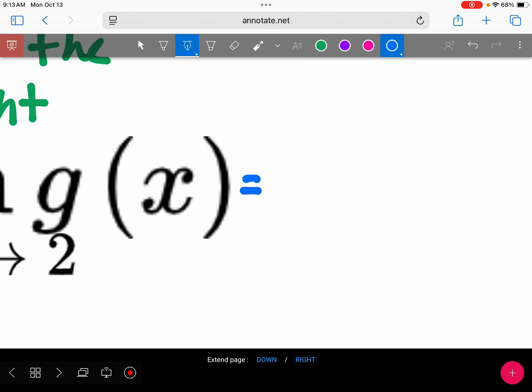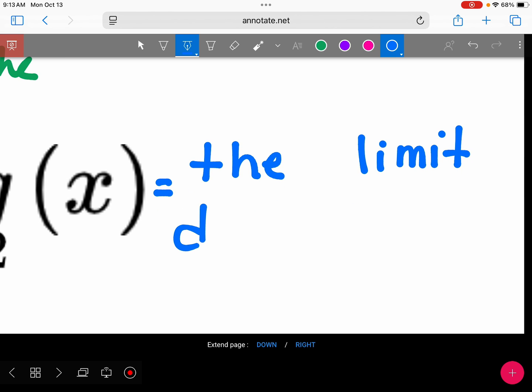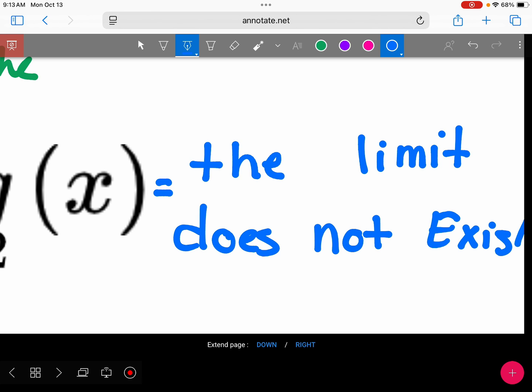I gotta think of Mean Girls on that one. The limit does not exist, I know. Thank you, Mean Girls, for making that popular. There is a T, I don't know what it says there.